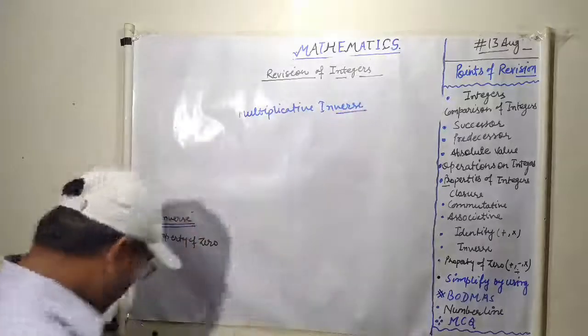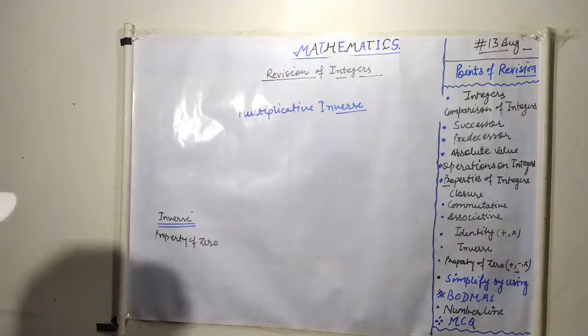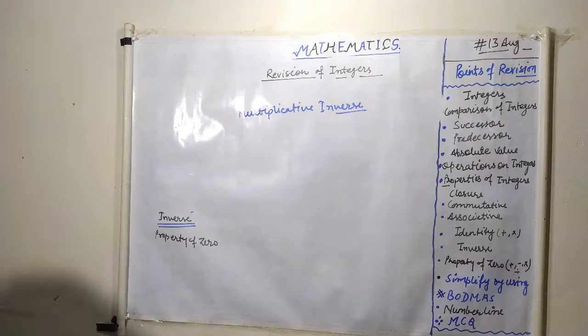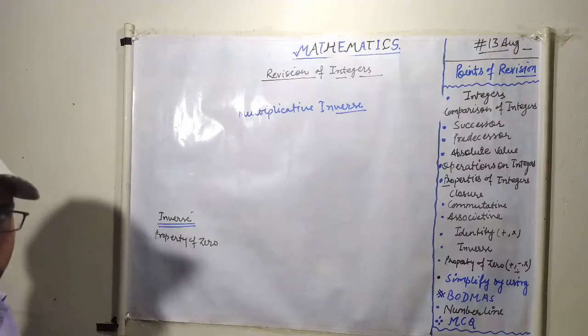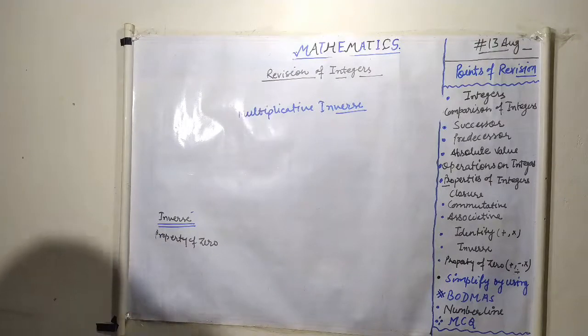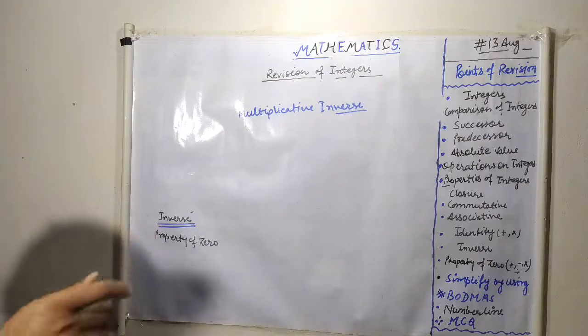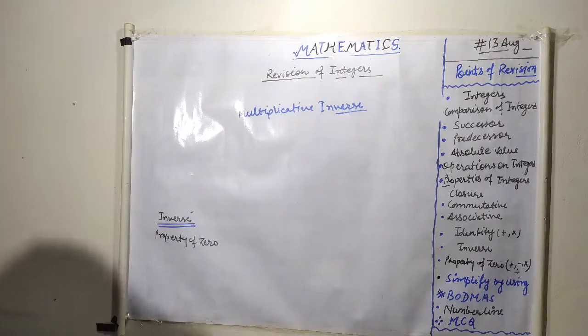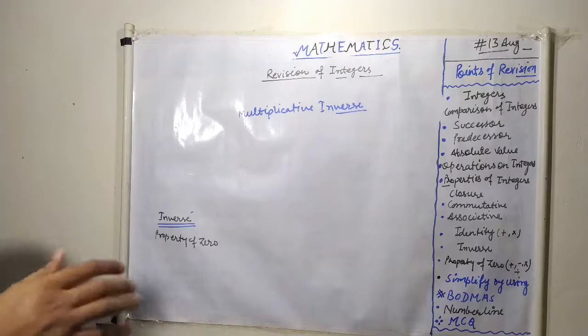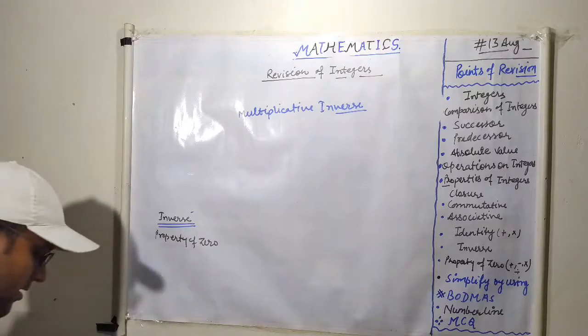Inverse. When a pair of numbers multiply together, if you get 1, then that pair is known as a multiplicative inverse. That one number is known as the multiplicative inverse of the other number.